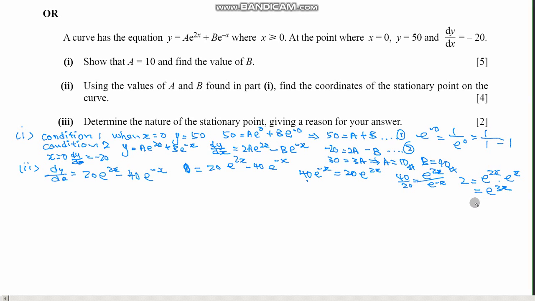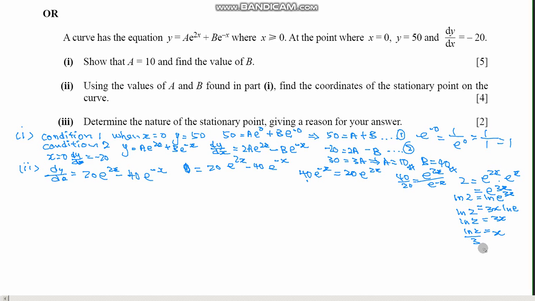Now let's put the natural log on both sides. ln 2 equals ln e^3x. The power 3x comes in front, becoming 3x ln e, and ln e becomes 1. So it becomes 3x equals ln 2. Now bring this 3 over here, becoming x equals ln 2 over 3.